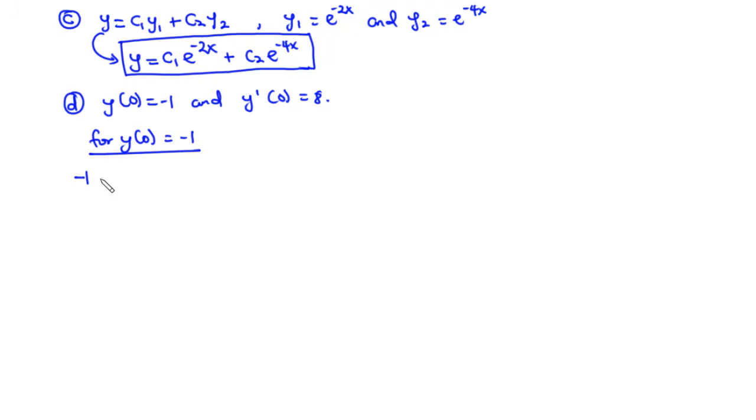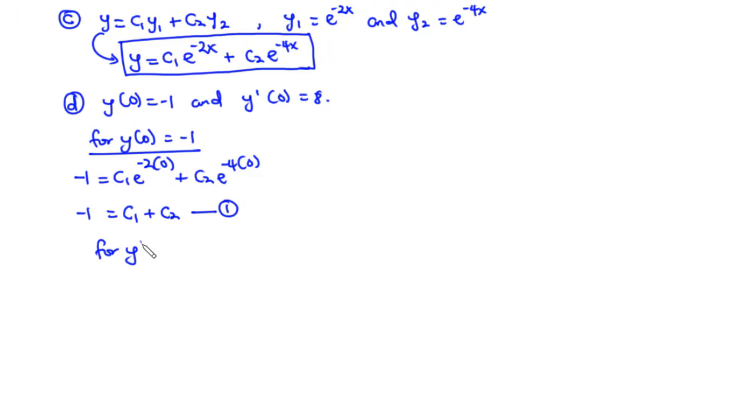So we have negative 1 equals C1 e to the power negative 2 times 0 plus C2 e to the power negative 4 times 0. Now e to the power negative 2 times 0 is e to the power 0. Any non-zero value raised to the power 0 is equal to 1. So this becomes C1 plus the same happens to this term, and then we have C2. We call this equation 1.